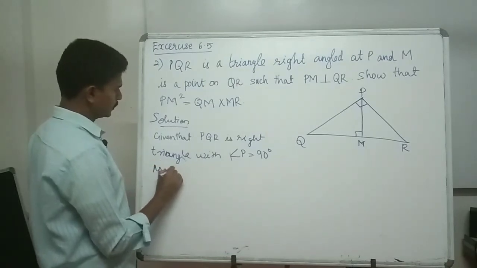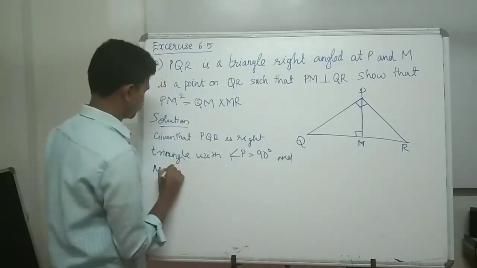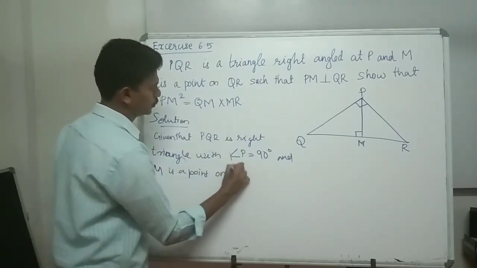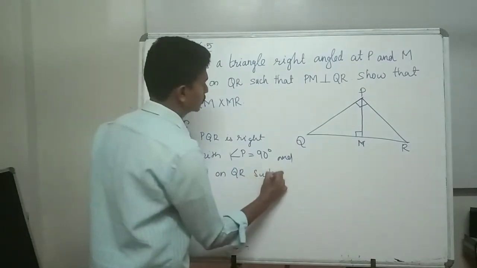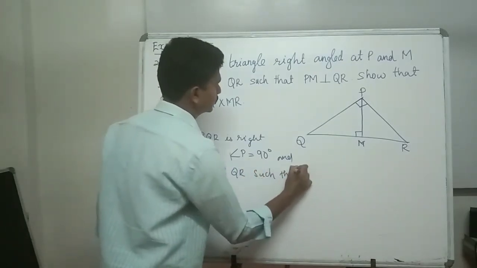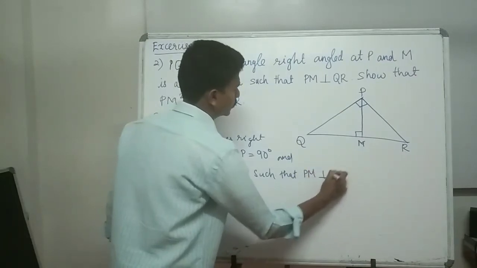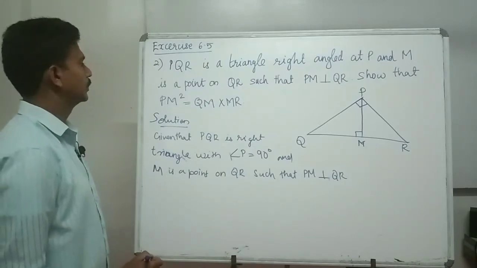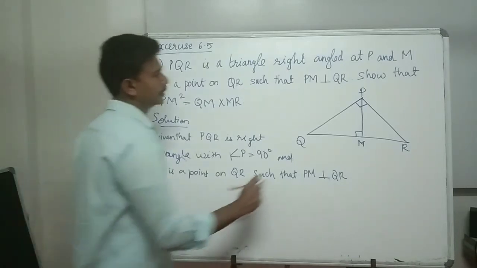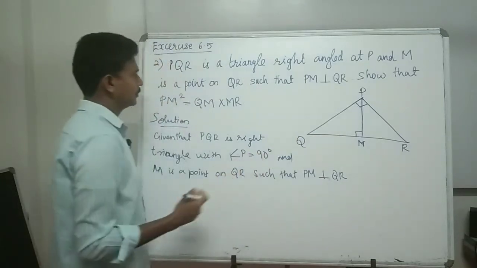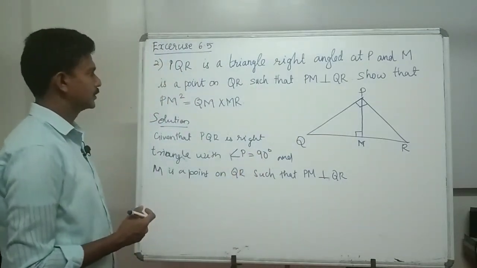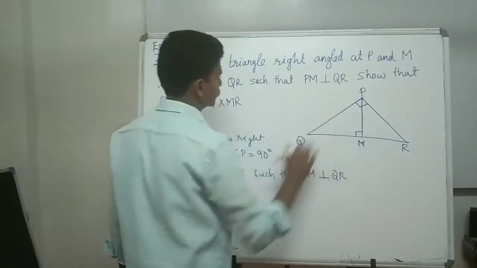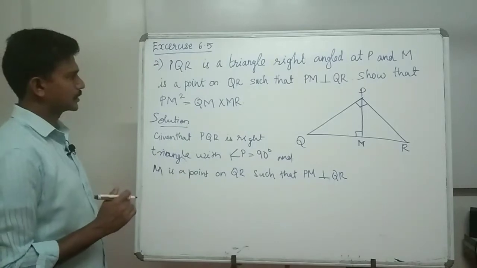M is a point on QR such that PM is perpendicular to QR. These are the things given. Okay, so now let us take PM. We need PM square, it is asked. PM is there in both triangles, so we can select it.